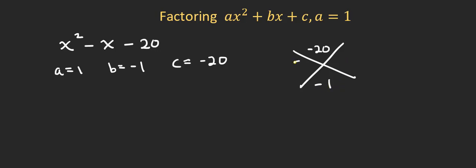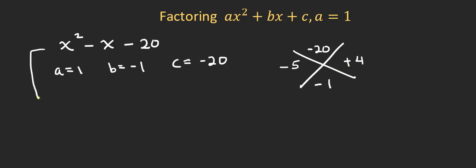Is that 5 and negative 4? Well, 5 times negative 4 is negative 20, but 5 plus negative 4 is positive 1, not negative 1. So this does not work. However, if it is negative 5 and positive 4, negative 5 times positive 4 is negative 20, and negative 5 plus 4 is negative 1. So this is the pair that we want, negative 5 and positive 4.